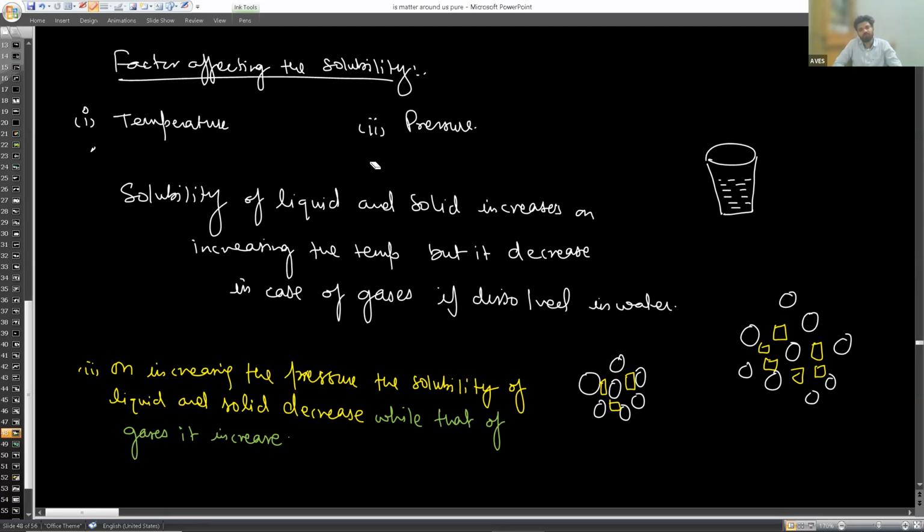Similarly, on increasing the pressure, the solubility of liquids and solids decreases while that of gases increases. So note it down properly about the solubility.